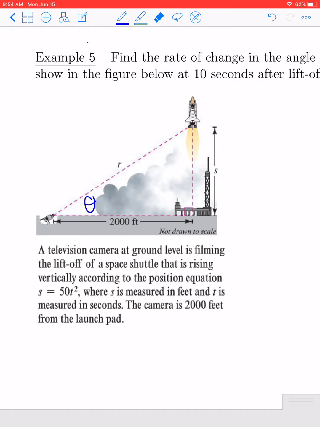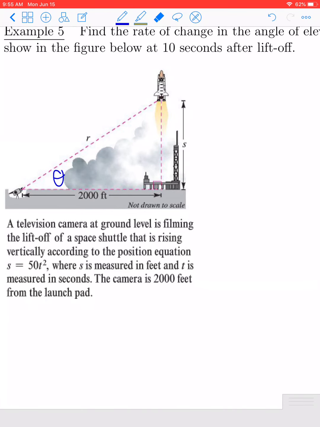So we want an equation that's going to relate all of these variables. In particular, we need one that's going to involve our angle theta. And if we know s, I can already replace s. We know s is 50t squared. We need a trig function here.